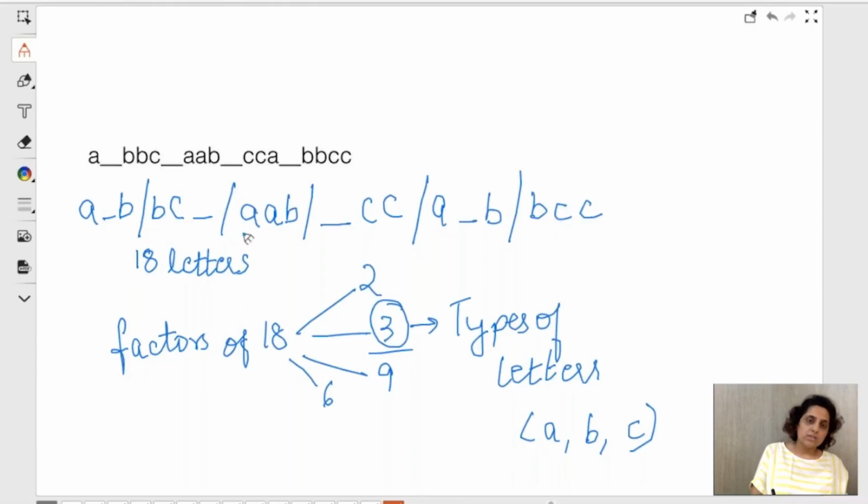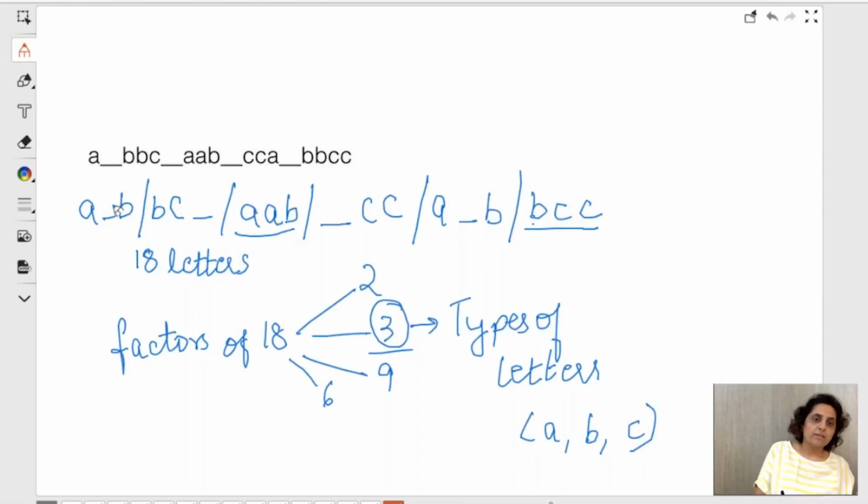Now the group which is complete, let's get an idea from that group. Here we have A, B, the repetition of 2 alphabets. Then this group is also complete: B, C, C is one group, and then the preceding 2 are repeated. The same thing we are going to do here.